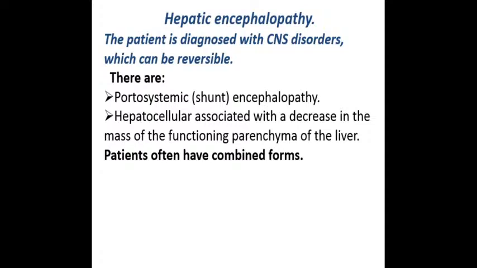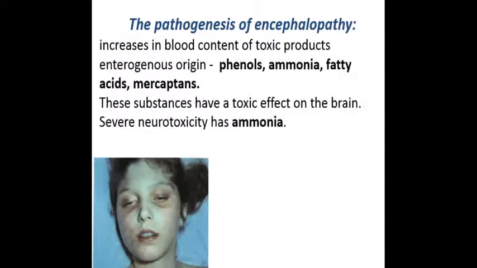Patients usually often have a combined form of encephalopathy. The pathogenesis of encephalopathy: an increase in blood content of toxic products of enterogenous origin. They are phenols, ammonia, fatty acids, mercaptan. These substances have a toxic effect on the brain.